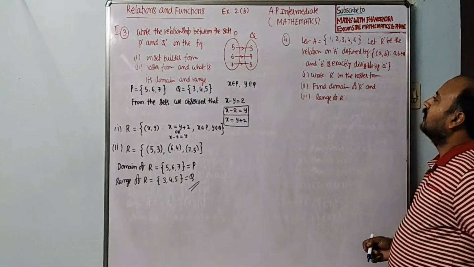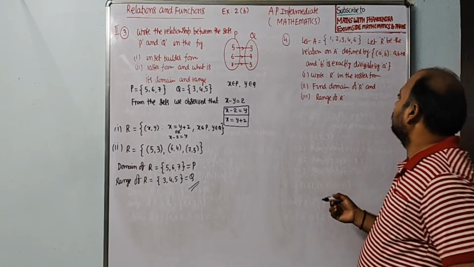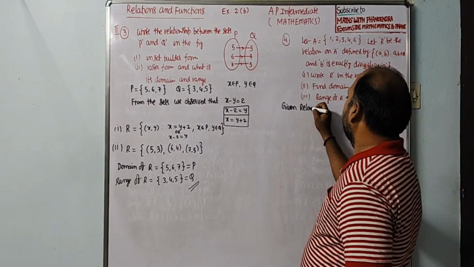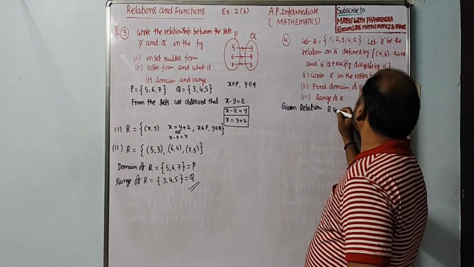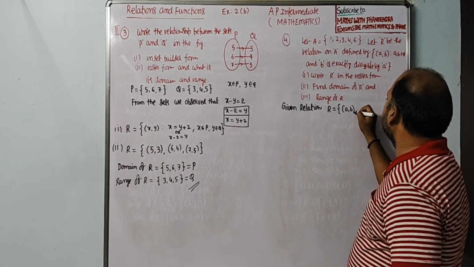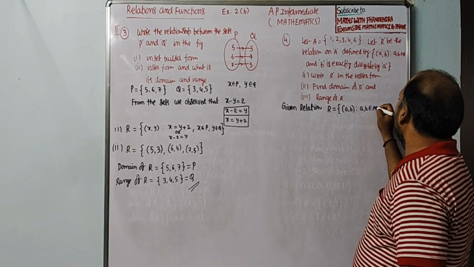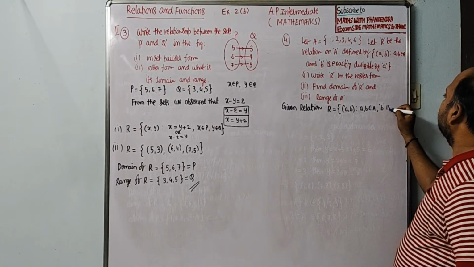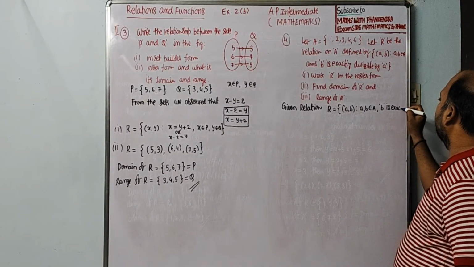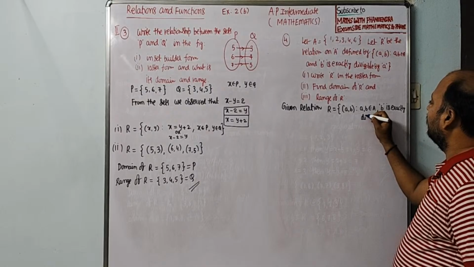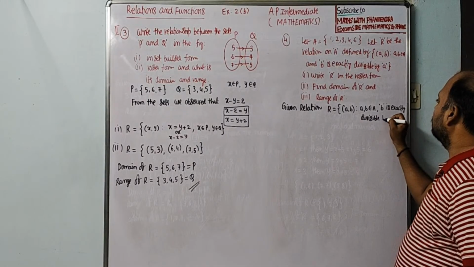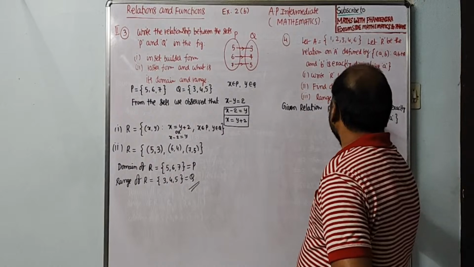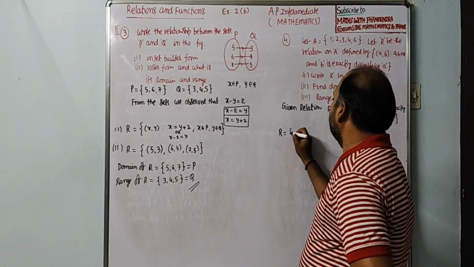First we write the given relation: R equal to A comma B such that A comma B belongs to A, B is exactly divisible by A. Later, R in the roster form.